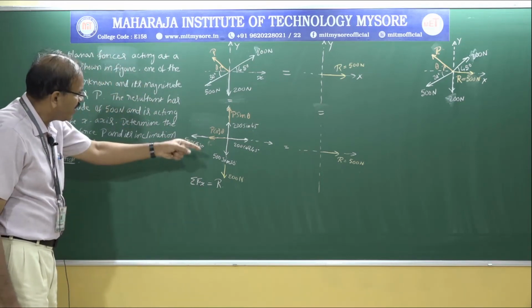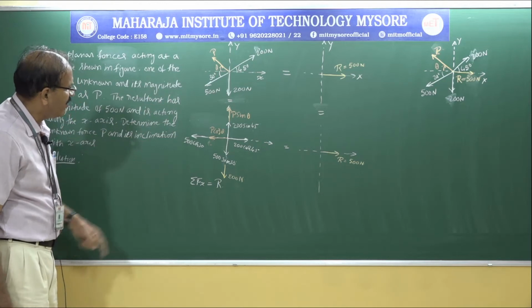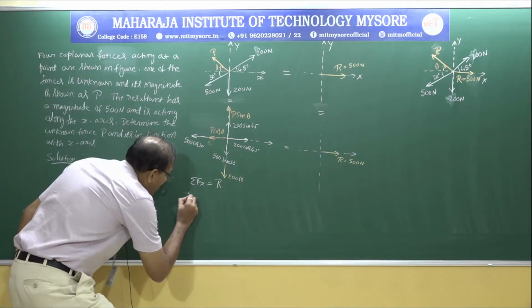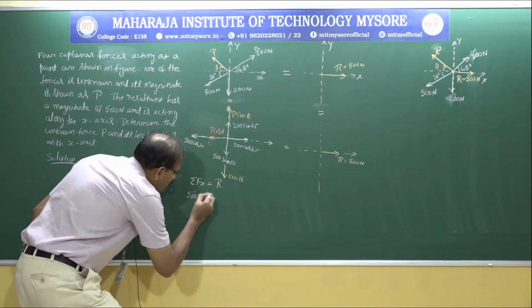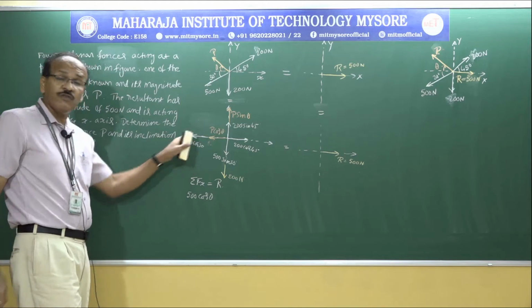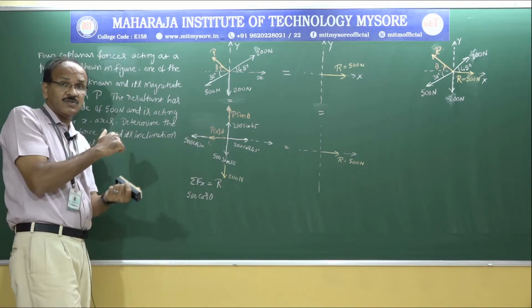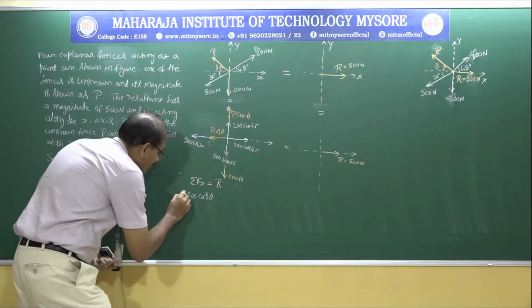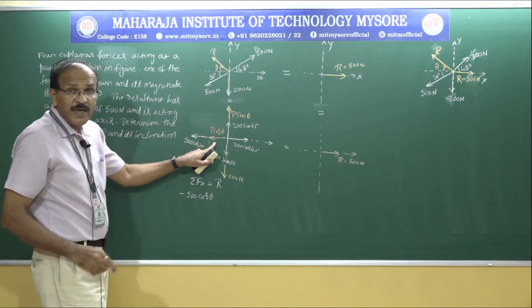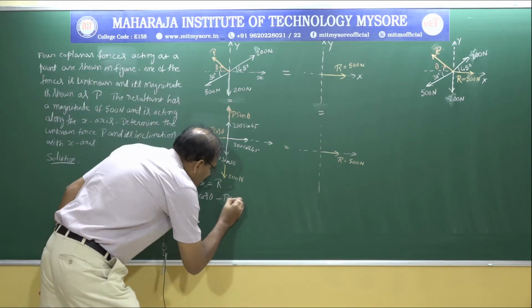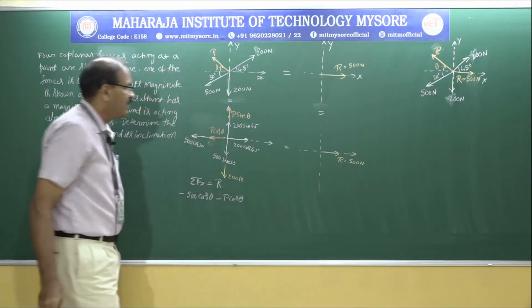So what are the sigma Fx we have? We have 500 cos 30. What is the sign? This force is acting to the left, so according to our sign convention, it is minus sign. Again, P cos theta acting to the left, that is minus P cos theta.